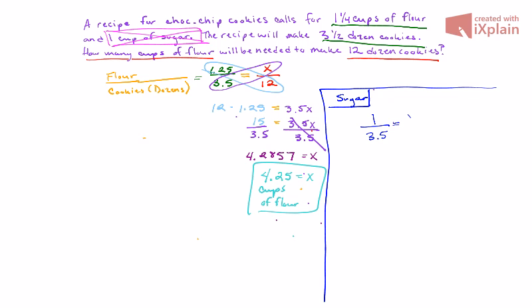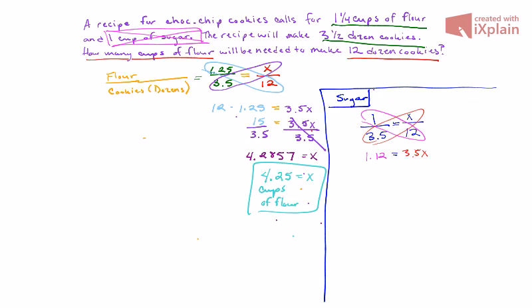Then we could ask ourselves, how many cups of sugar would I need if I wanted to make 12 dozen cookies? So again, we can use the same rationale. We could do 1 times 12, and then x times 3.5.